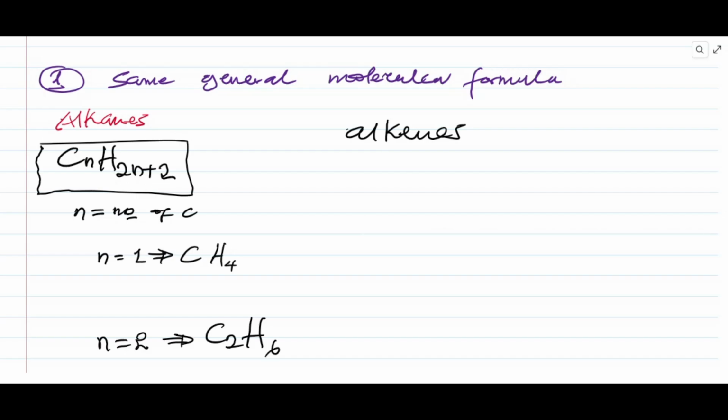For the alkenes, the general molecular formula is CnH2n. Remember, n is the number of carbon atoms. So if n equals 1, what will the member be? C1H2.